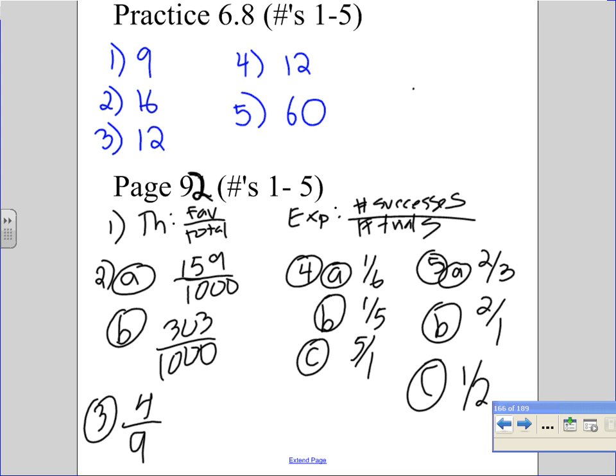The odds in favor and odds against, I would keep those always written as a ratio, because that's how you'll always see odds, as a ratio. Probability, like theoretical or experimental, you will see as a decimal, fraction, or a percent. Okay, good question. Yeah. I agree. It's just a math thing. Probably. Okay, any questions on homework?